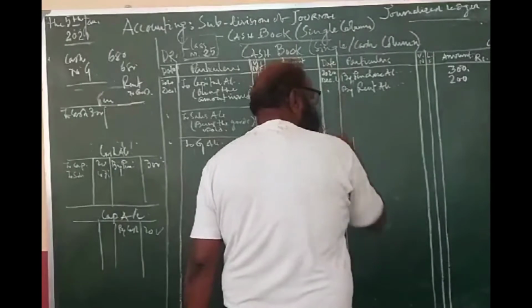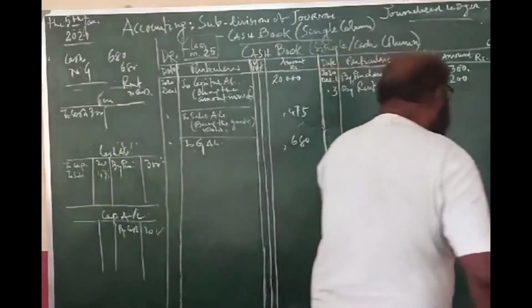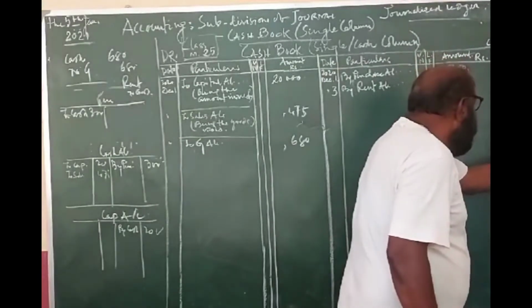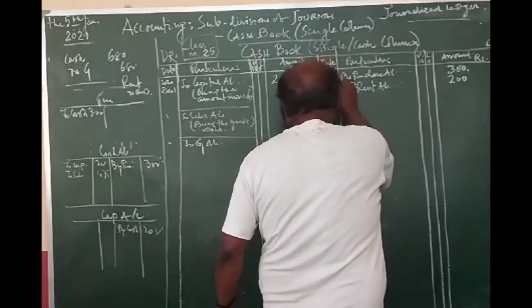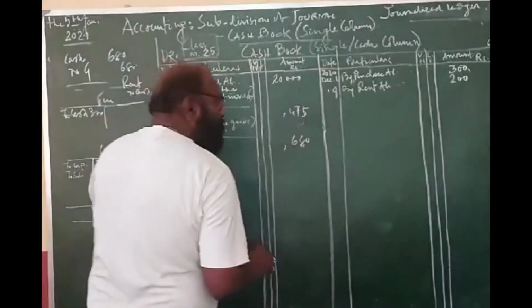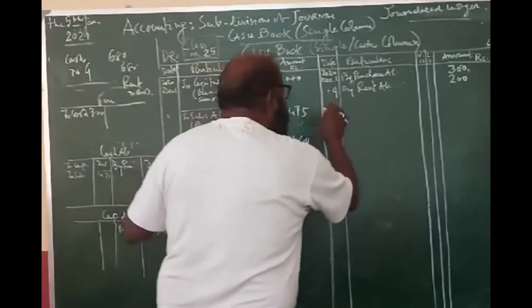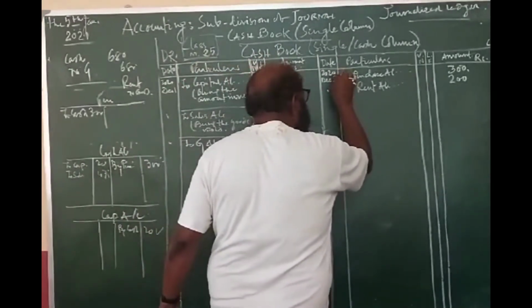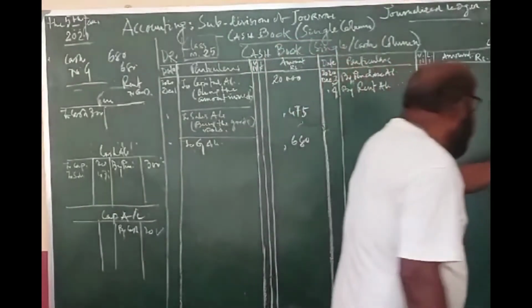Clear? It is December 3. Oh, no, sorry, it is December 4. Purchase of goods in cash, by purchase. So cash is from Gobrango and then paid for house rent.